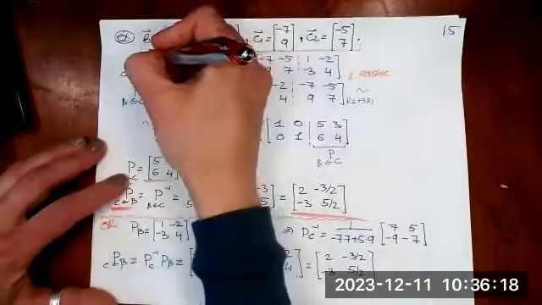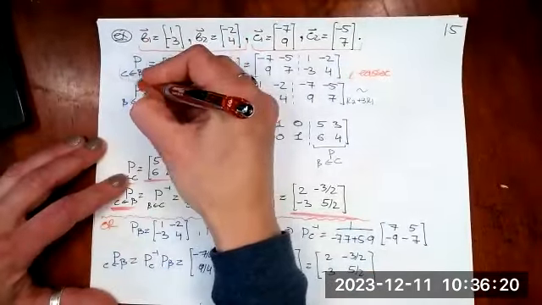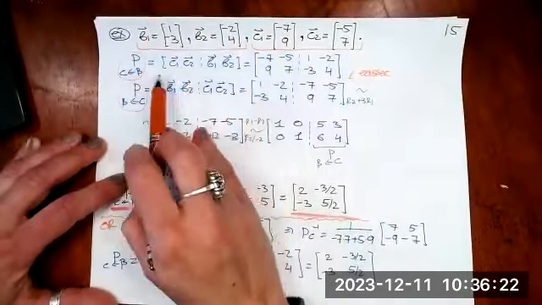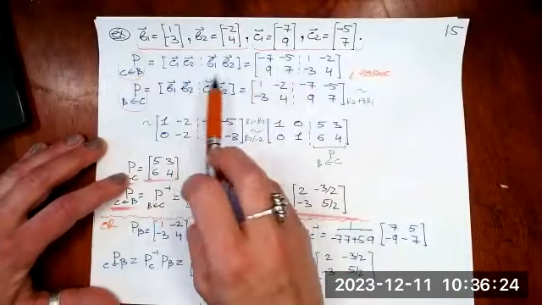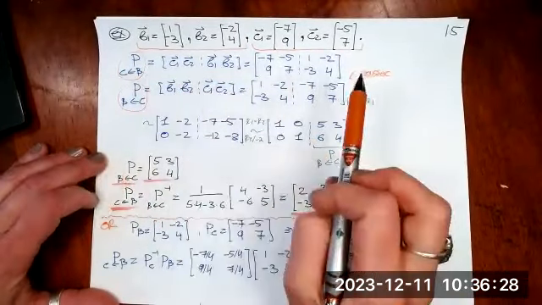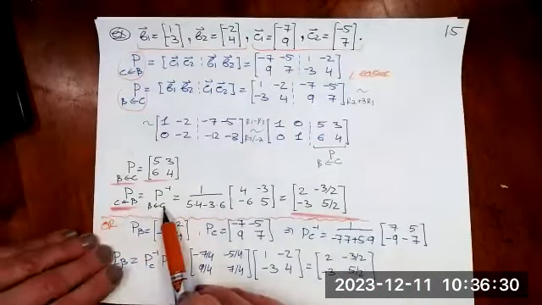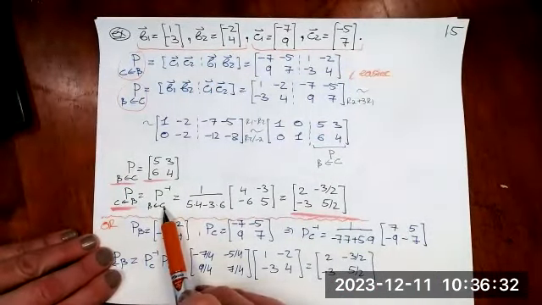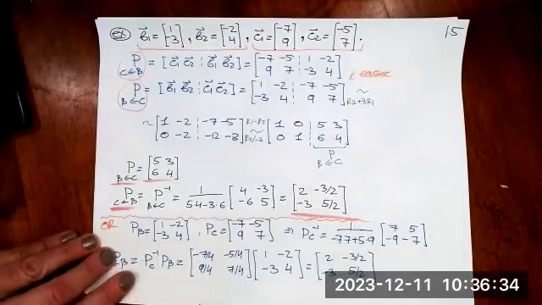You have to find both P beta to C and P C to beta, but you don't have to do row elimination on both of those. You can just do one of them and then compute the other by taking the inverse. It's going to be faster, especially if you're dealing with 2 by 2, right?